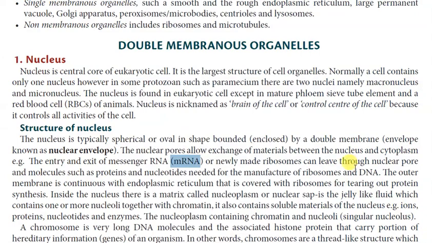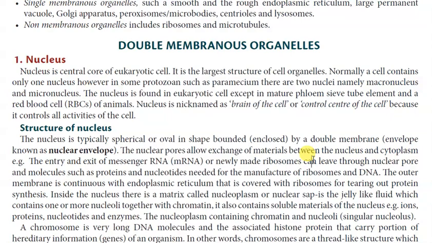It carries the message from the nucleus and sends it to the cytoplasm. The messenger RNA is made from DNA in the nucleus, and once made, it is taken straight away. This messenger RNA is taken to the ribosomes in the cytoplasm, where the ribosomes convert the messenger RNA into protein.